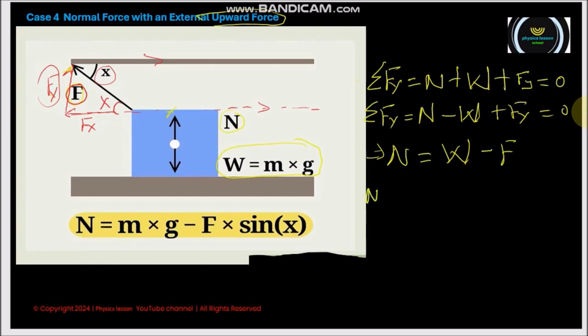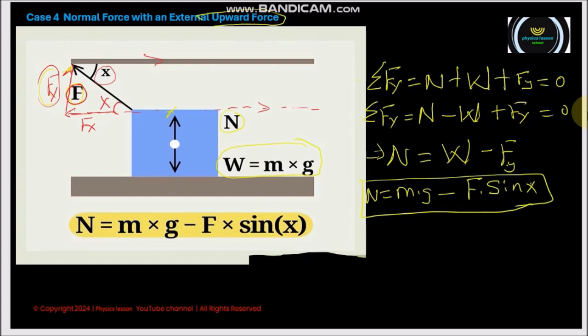The normal force is equal to the weight, mass times gravity, then minus Fy, which means F times sine x. This is the derivation. All right, good. If you have any questions, please write to me. Is this clear?